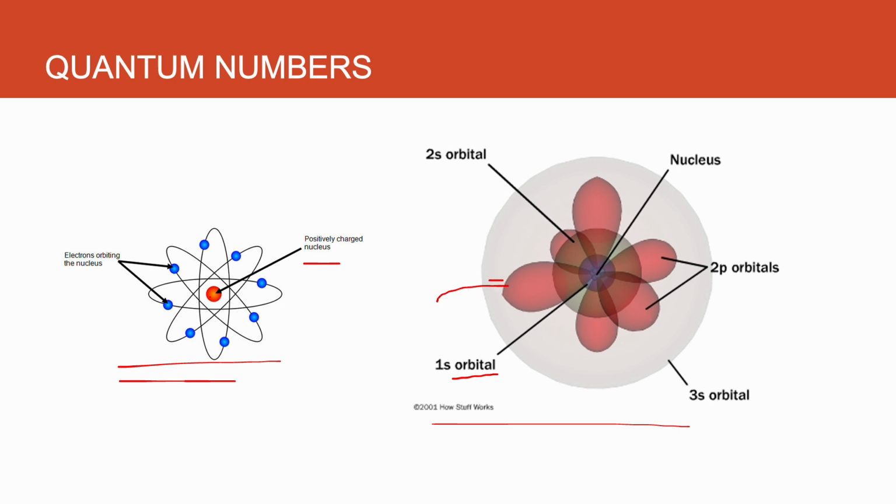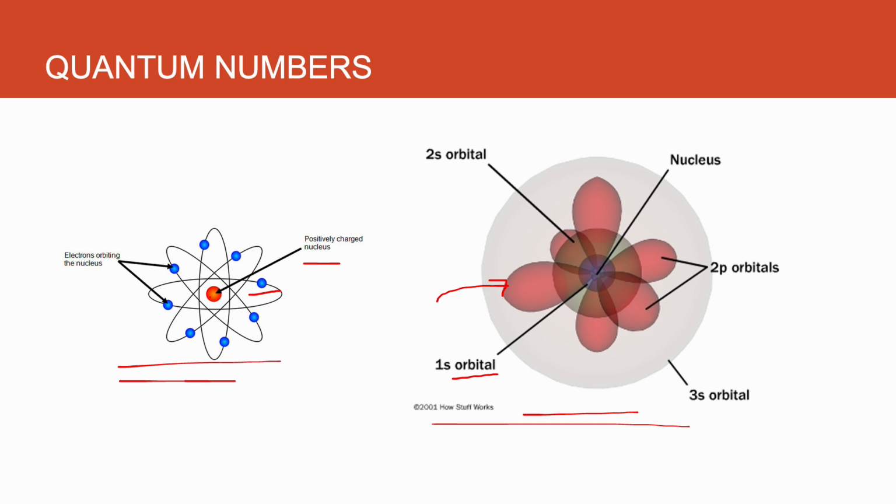So you cannot actually draw it like this because you cannot say the exact position of your electron. The more established model for your atom is actually this electron probability density. You would have your 2s, right?